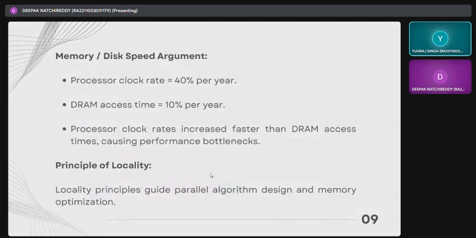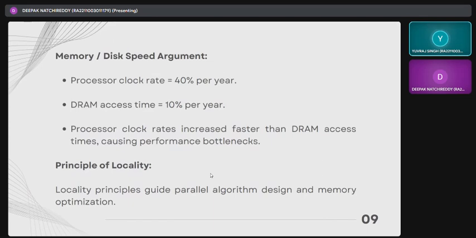Memory and disk speed argument. The performance bottleneck arose because memory did not keep up with CPU speed. Processor clock rate was increasing at about 40% per year, while memory access, which is DRAM access speed, increased only at a rate of 10% per year. So as CPUs became faster, they often had to wait for memory, slowing the overall performance.